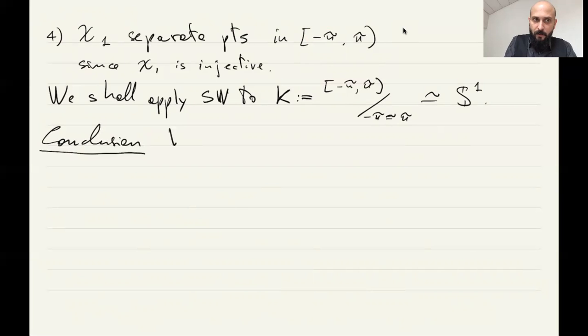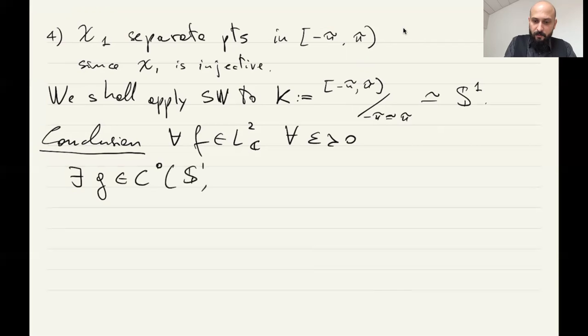Okay, so we can apply it to this, and what is the conclusion? For our f in L2 of C, and for any epsilon, we can take g a continuous function on S1 with values in C, such that the norm 2 of f minus g is less than epsilon.